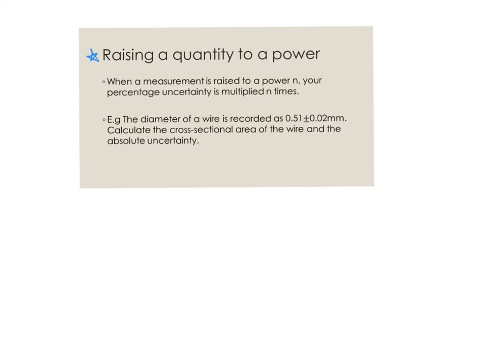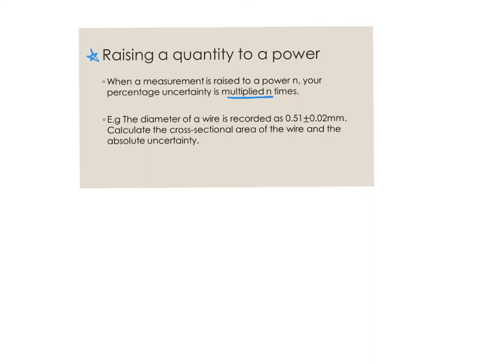So let's go with the first one, with what the rule is. When raising a quantity to a power, if we want to get the percentage uncertainty or even absolute uncertainty of the quantity I'm calculating, then I will need the percentage uncertainty and I need to multiply it by the power that it is raised at.